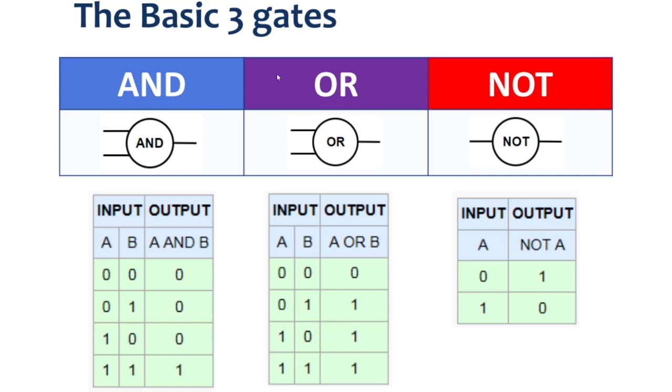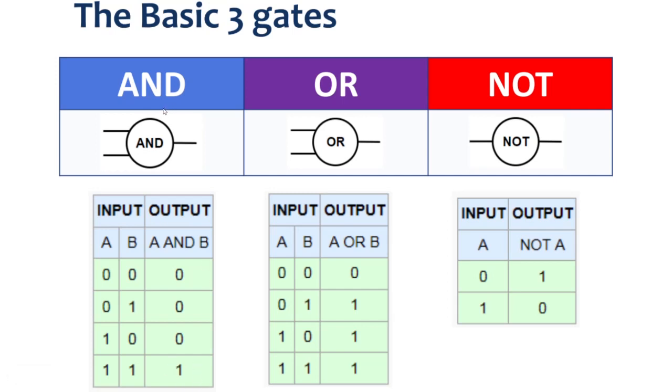These are the basic gates: AND, OR, and NOT. Basically you have two inputs. When both inputs are positive, in this case positive meaning 1, then only the output will be 1. Like we can see, 0, 0 is 0, 1 over here, no, 1 over here, no. Both inputs A and B are positive, then only the output will be 1.